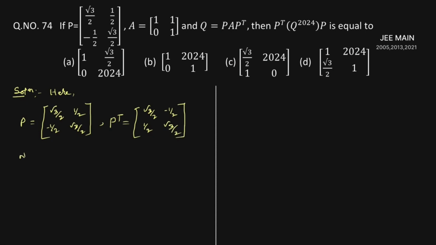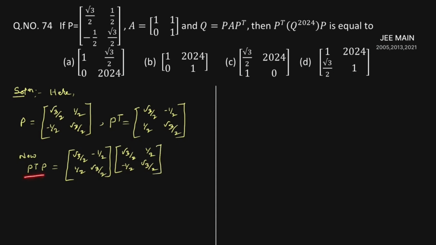Now we are going to find P transpose P, which is equal to root 3 by 2, minus 1 by 2, 1 by 2, root 3 by 2, and P, which is equal to root 3 by 2, 1 by 2, minus 1 by 2, root 3 by 2.